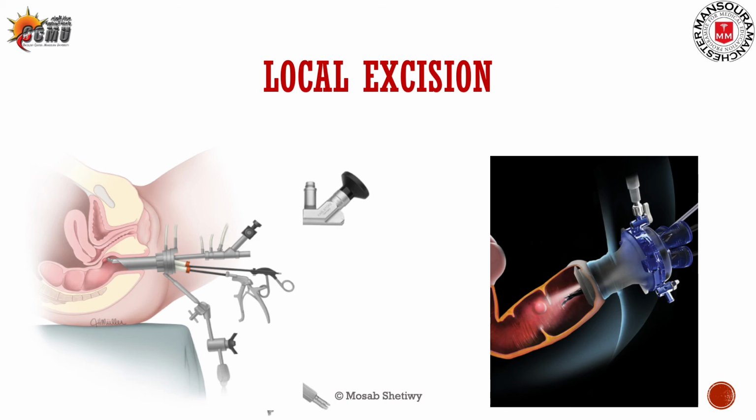This is the gel port, a port with gel on its top, and the instruments are inserted within this gel material to avoid air leak. Insufflation is done, and multiple instruments can be used in this TAMIS surgery to do local excision with the criteria that we've mentioned before.